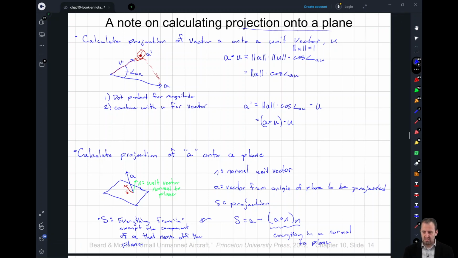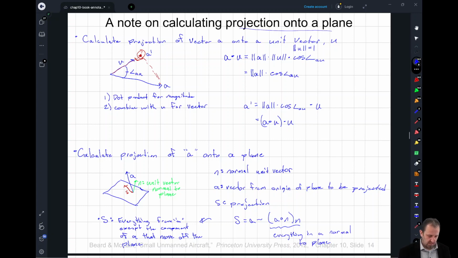Excellent, it's just as easy as that. We do A minus the stuff that's normal. So we have this vector defining the normal to the plane, and we project A onto the normal and remove that from A to get S. So now we can calculate a projection of a vector onto a plane, which is going to be one very helpful tool.